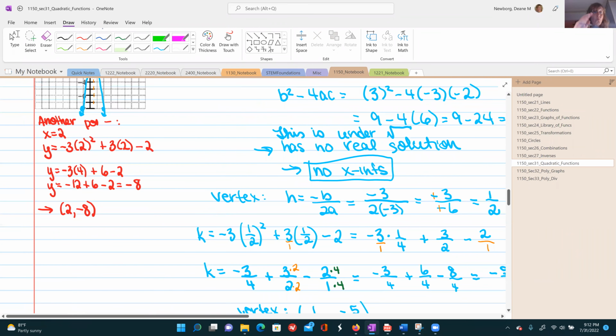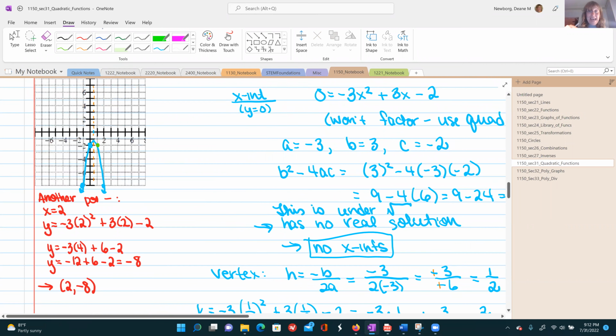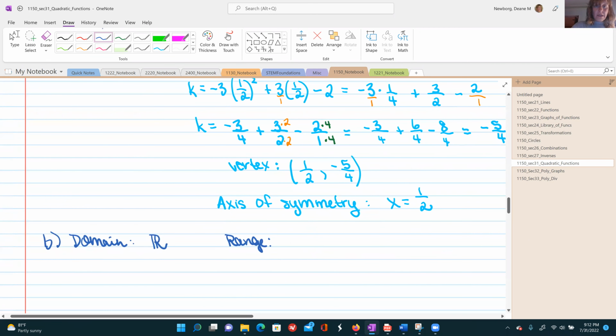When the parabola opens down, the lowest part is going down to negative infinity. The highest part is at the vertex, and the y coordinate of the vertex, just 2 lines up, is -5/4. So that would be the highest y value.